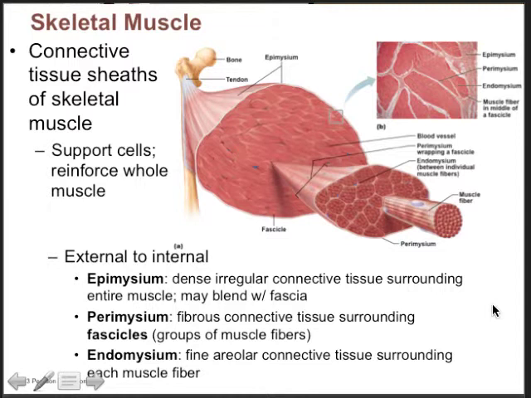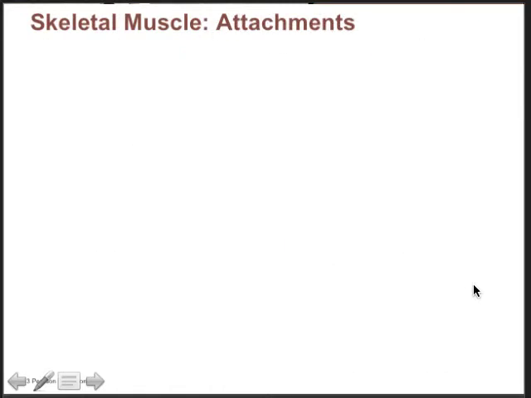And then the endomysium, which is areolar connective tissue that surrounds each individual muscle fiber, okay? So this is all designed to do one thing, to hold the muscle together. It also helps to transfer the force that the muscle produces when it contracts to the elements that it's attached to. For instance, in this case, to the bone, and also produce movement at the joints.